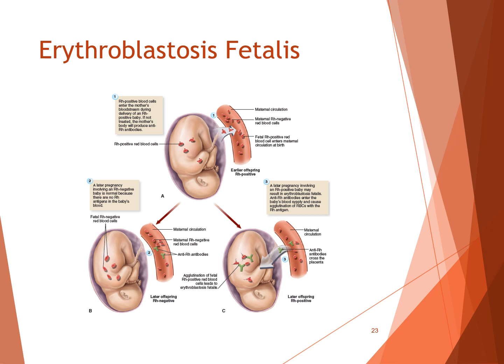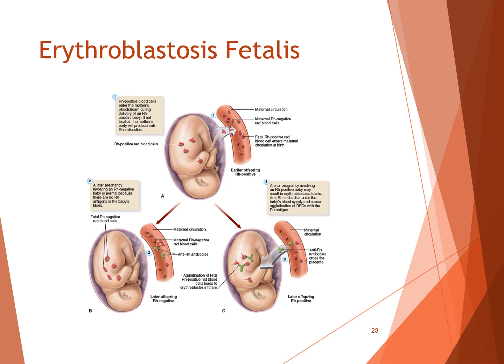If the offspring is Rh positive, the mom is going to develop antibodies. It will not harm the first child, but if she were to get pregnant again and that baby were to have the positive Rh factor, then the mother's blood cells would attack the baby's blood cells, and this could lead to death.